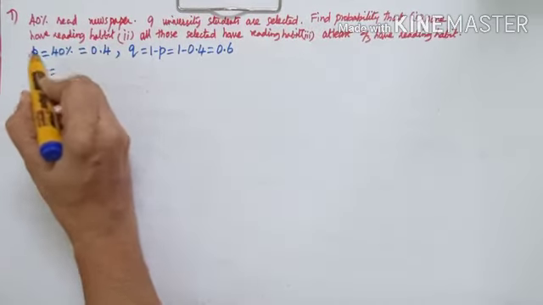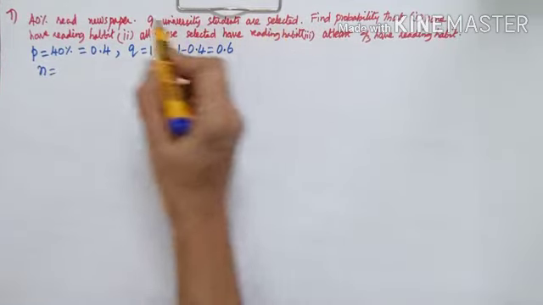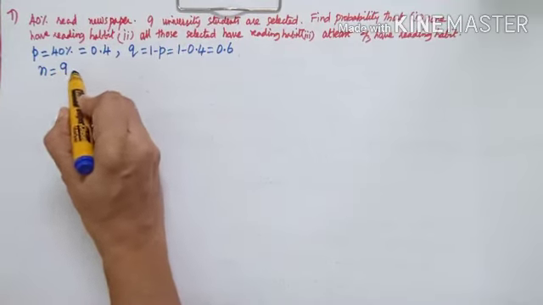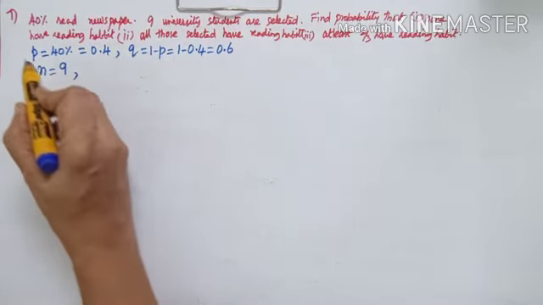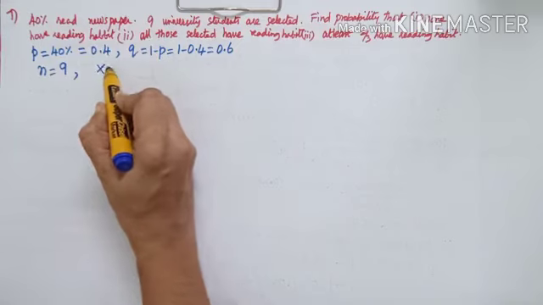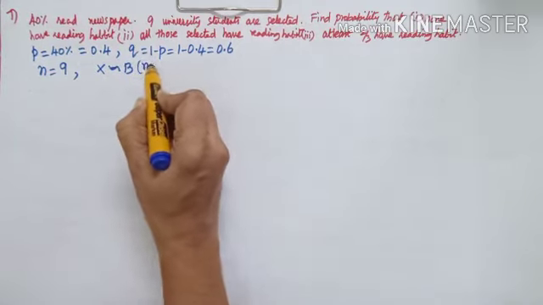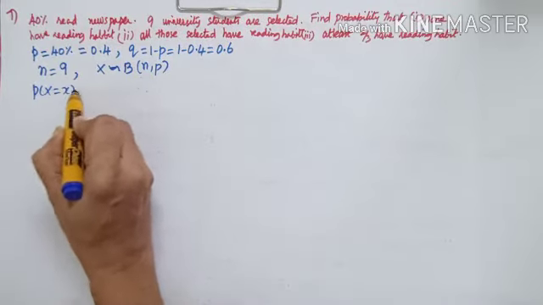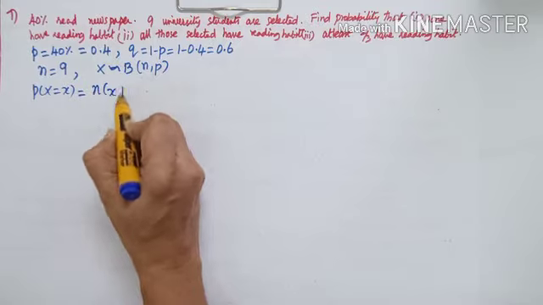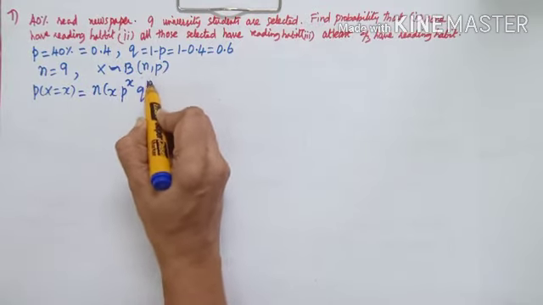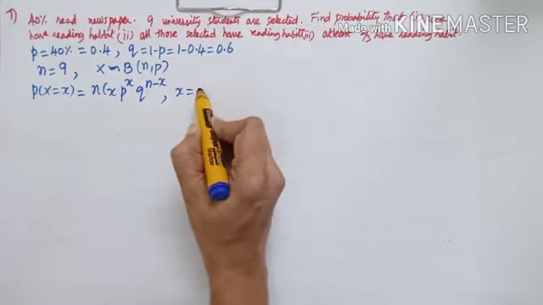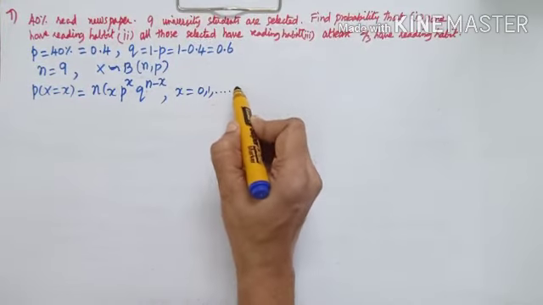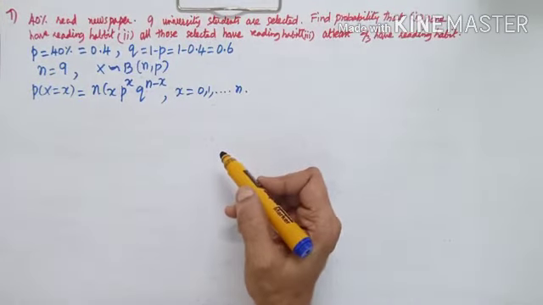N tells me how many are selected, 9. So n is equal to 9. As I know n, p, q, I can say x follows binomial with parameters n and p. P of x is equal to NCx, p power x, q power n minus x, x ranging from 0, 1, 2 and so on up to n.